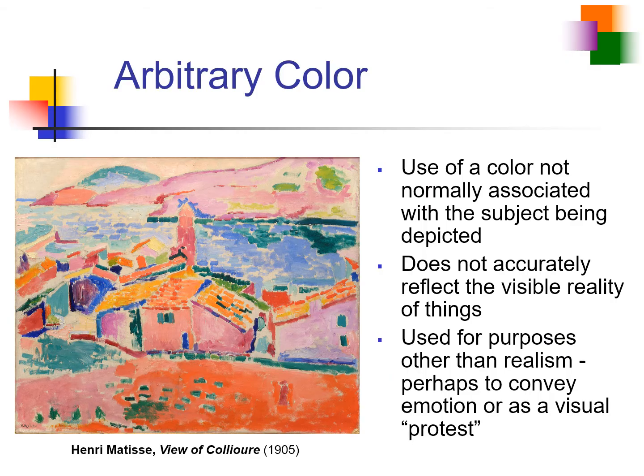Arbitrary color, like the name suggests, is when the artist makes color choices that absolutely do not reflect the local color of the subject matter at all. In fact, Matisse's choice of colors in this particular painting, The View of Collioure, was a rebellion against what the Academy of French Painting suggested were correct colors, accurately reflecting the visible reality of the subject.